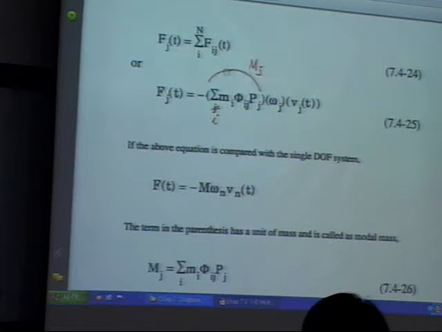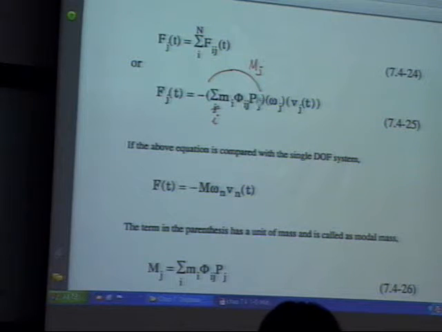So this term is the so-called jth modal mass. All other terms are a function of J, but the summation is with respect to I. Then if you want to compare this with the single degree of freedom system, Pj is only one mode, 1, so m is only 1, omega 1 is the natural frequency, then v 1 is the mode.